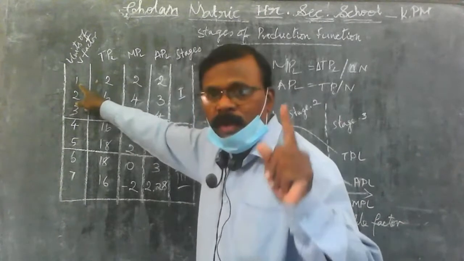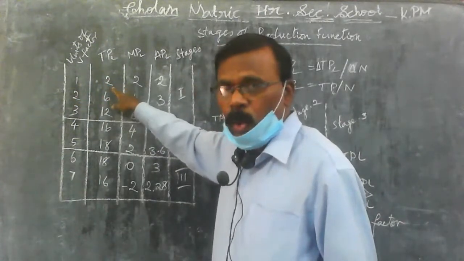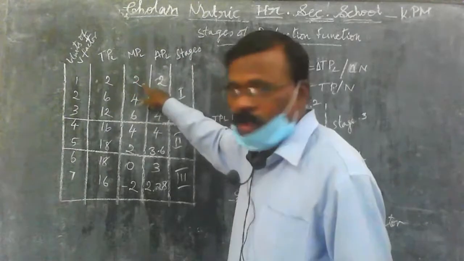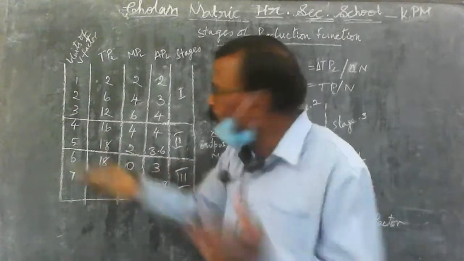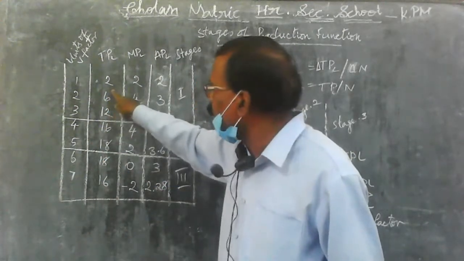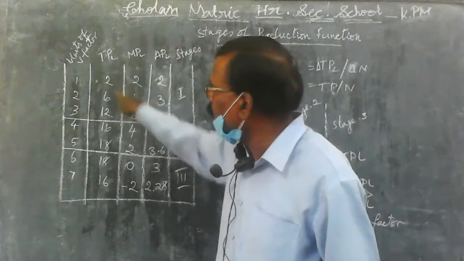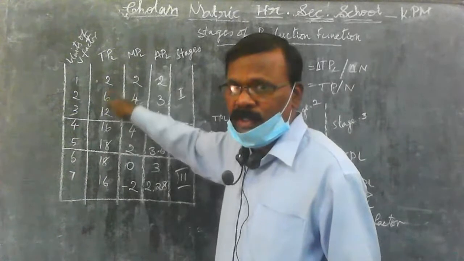When 1 unit of labor is employed, what is the total product? 2. And what is the marginal product? 2. Then the addition made to the total product is 4. 2 plus 4 is 6. This is how it is arrived at.